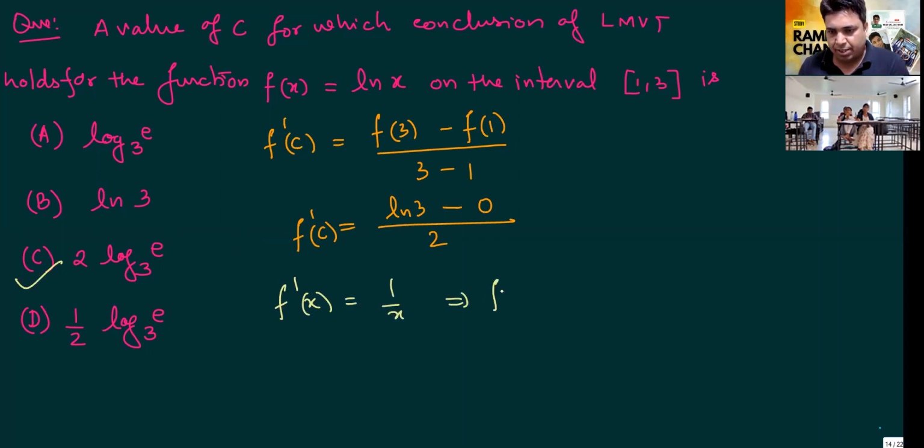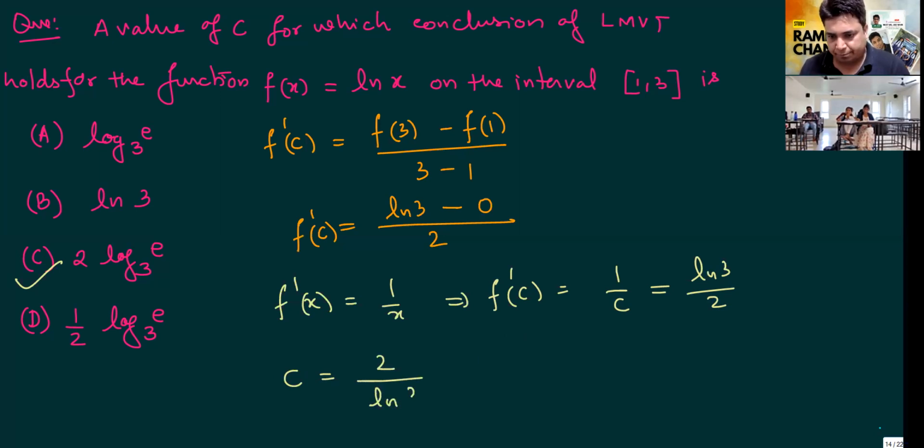This implies f dash c becomes equal to 1 by c, and this is equal to ln 3 by 2. Is that clear? So c becomes equal to 2 upon ln 3.